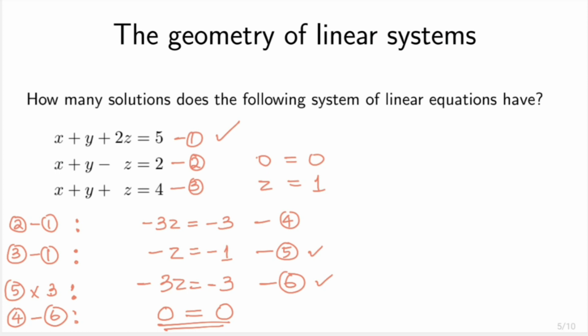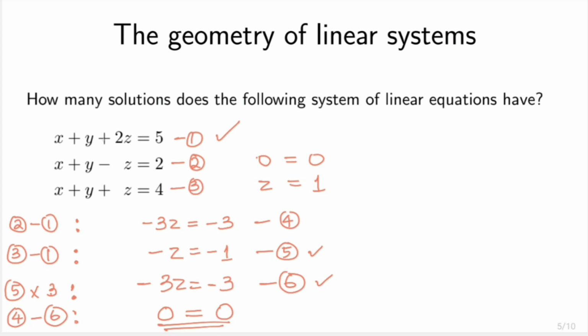Now, what does this mean? This means that, yes, z equals 1, but where we're supposed to get y, we now have 0 equals 0. So that means that we can pick any value for y.